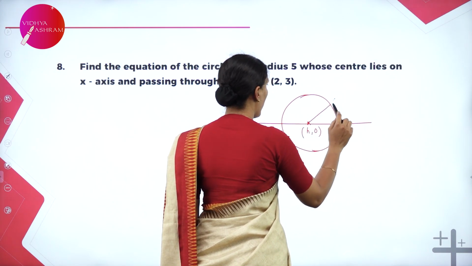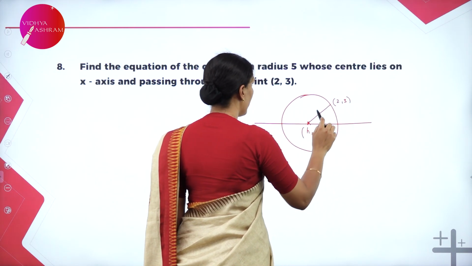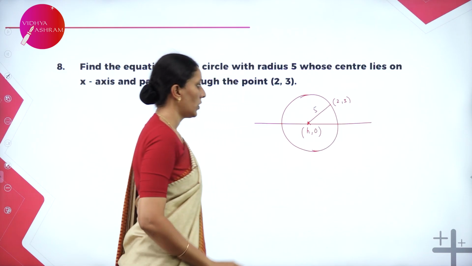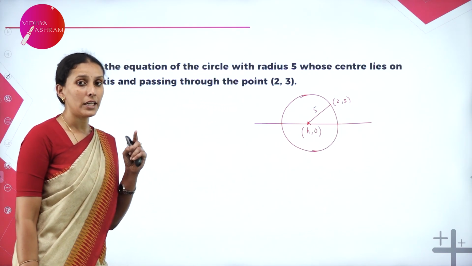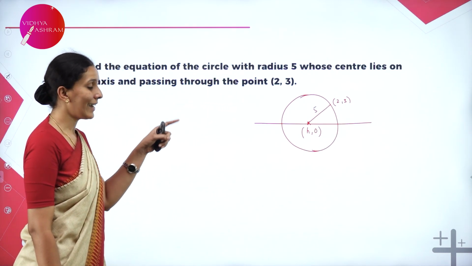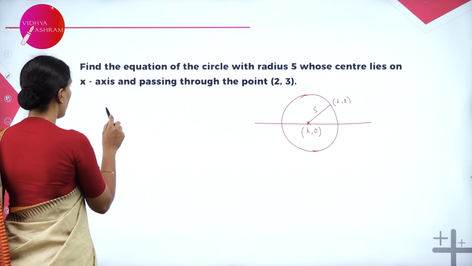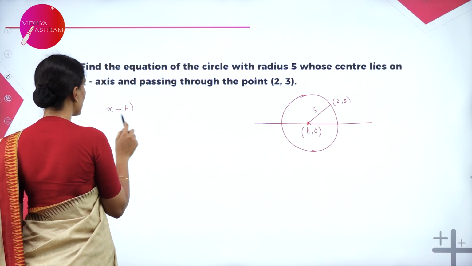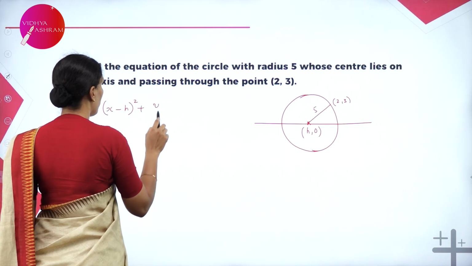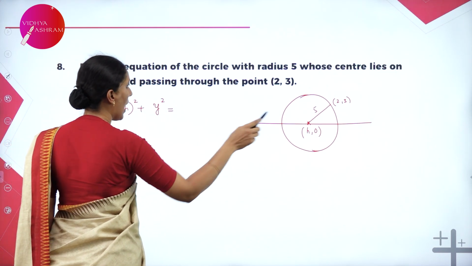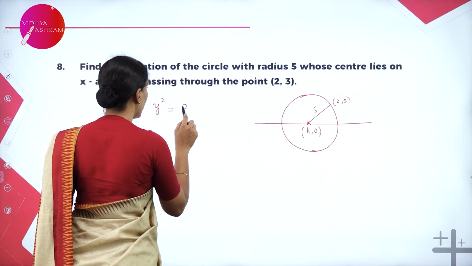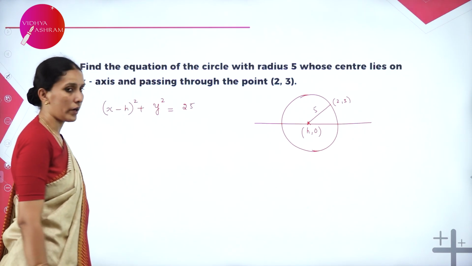And some point is given on the circle. Radius is given 5. I already told you an equation of the circle whose center lies on the x-axis will be of the form (x minus h) whole square plus y square is equal to r square. R square is here 5 square, which is 25.